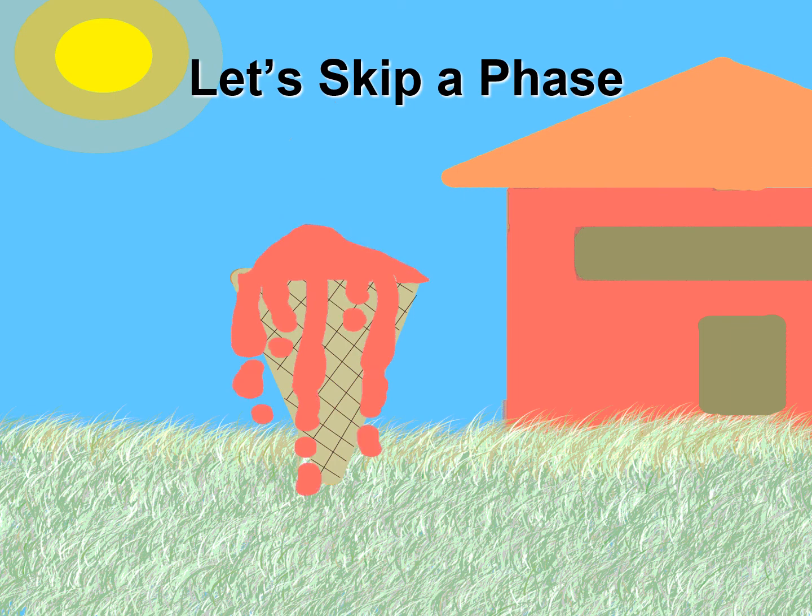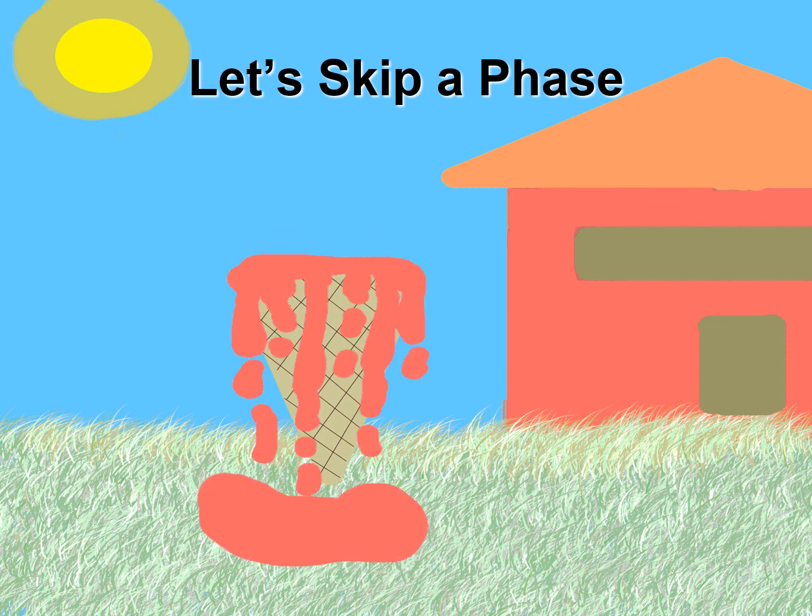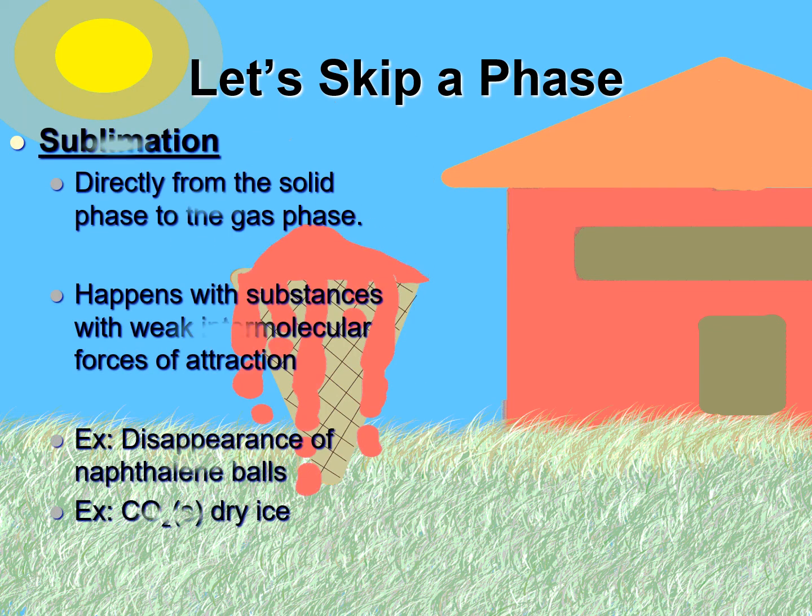On the other hand, class, if enough energy is added to a solid of another kind of matter or different substance, it can bypass the liquid state and become a gas. This process is called sublimation. What is sublimation?